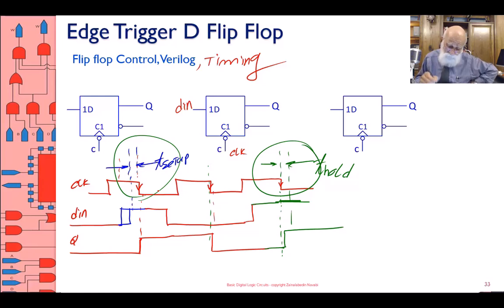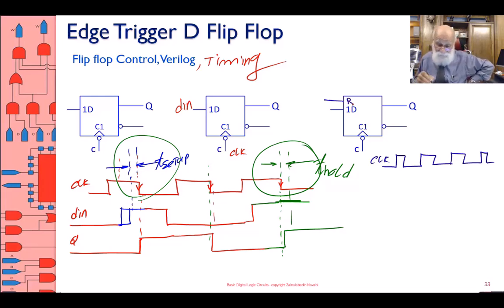Another thing I need to say about the timing, which we have already discussed, is this. I have a clock, and I have an asynchronous reset. Asynchronous reset means a reset that acts independently. And I have a DN.